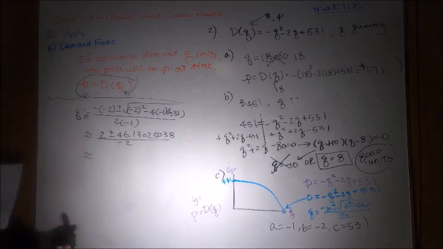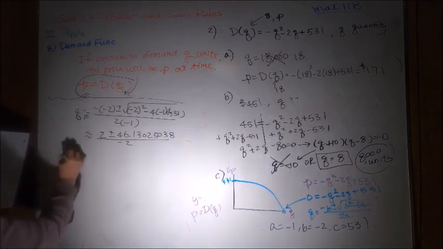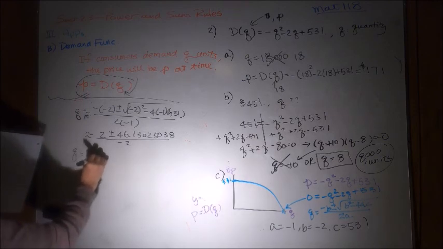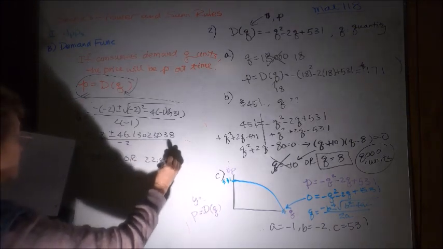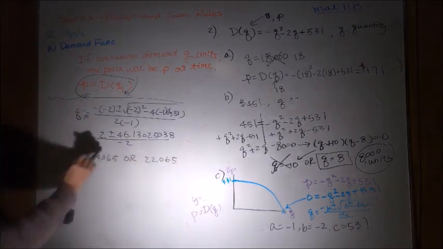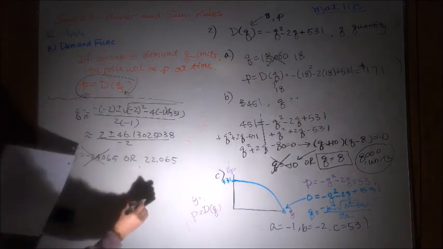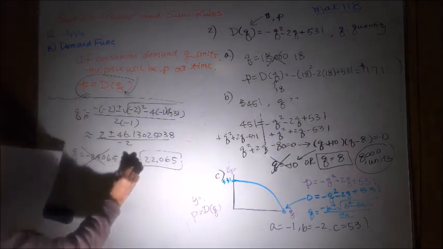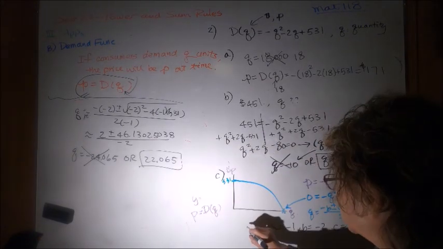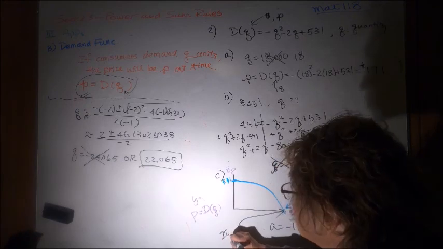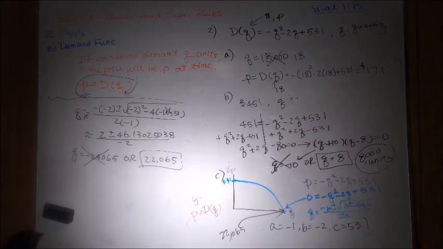So we have Q equals about -24.065 or 22.065. Quantity cannot be negative, so quantity is this one, 22.065. But it's by thousands of units, so you multiply that by a thousand.